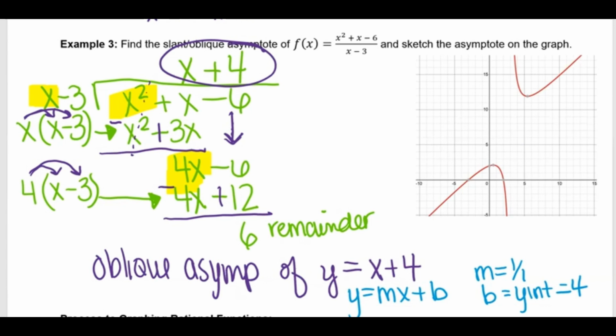So when I'm graphing this, I'm going to start at y-intercept of 4, and then my slope is my rise over my run. So I'm going to go up 1 over 1, up 1 over 1.